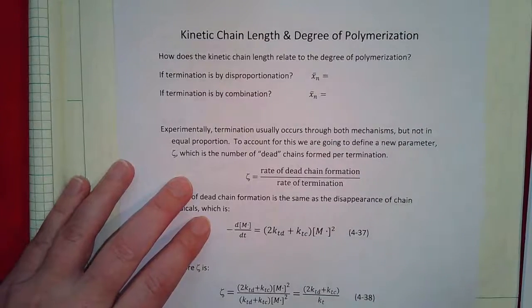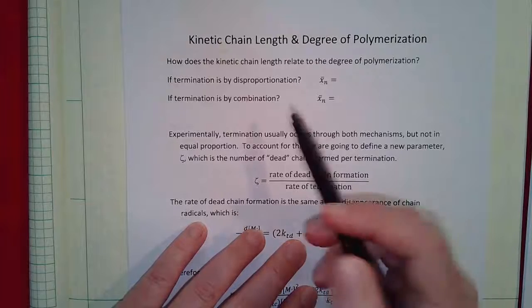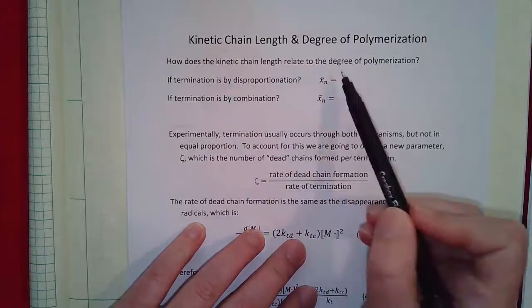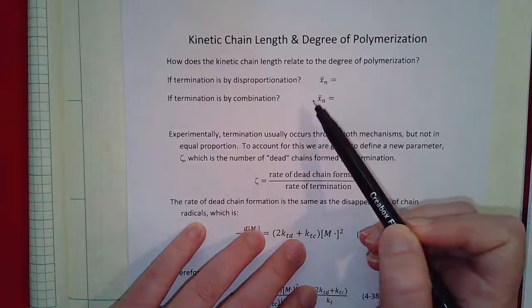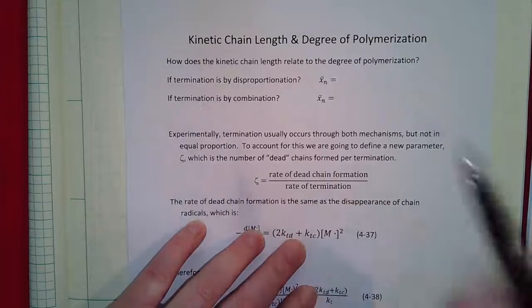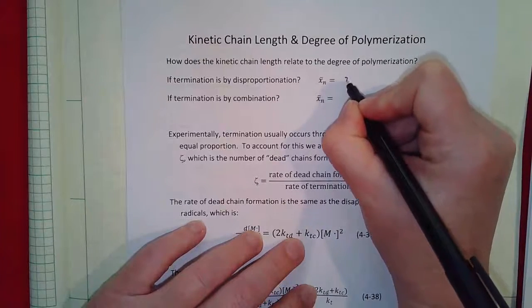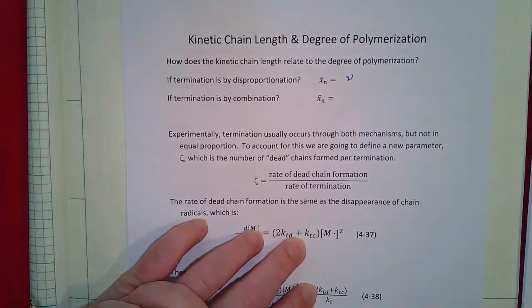Okay, so let's think about this. How does the kinetic chain length relate to the degree of polymerization? And again, this is for free radical. If termination is by disproportionation, the average molecular weight doesn't change, right? It's just the number average degree of polymerization and the kinetic chain length are the same.